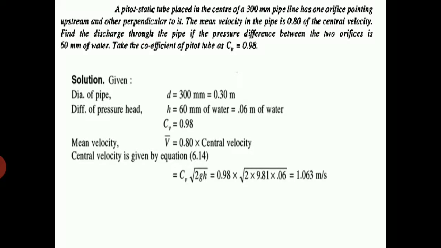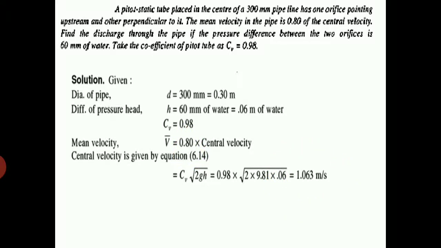And in this numerical, the relation between the mean velocity and the central velocity is being given to us. So the central velocity is found out by the equation V is equal to Cv into under root 2gh, which is equal to 0.98 into under root 2 into 9.81 into 0.06, which is equal to this, and we will be multiplying this by 0.80.